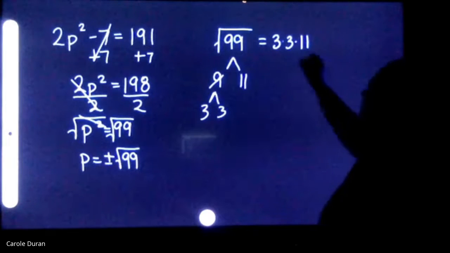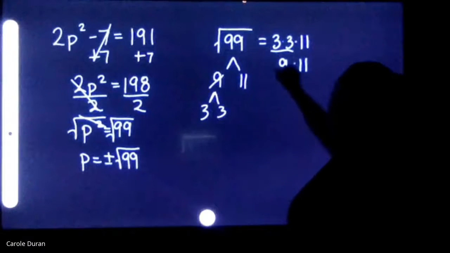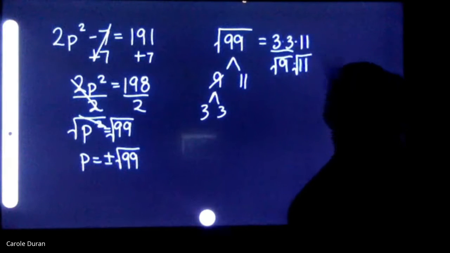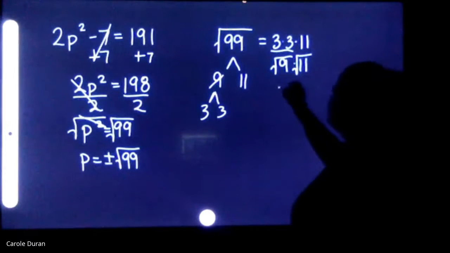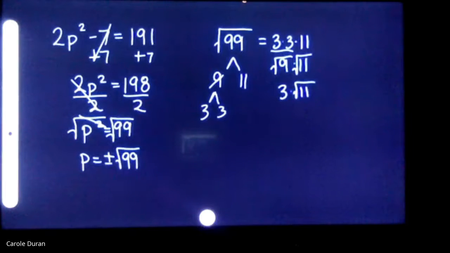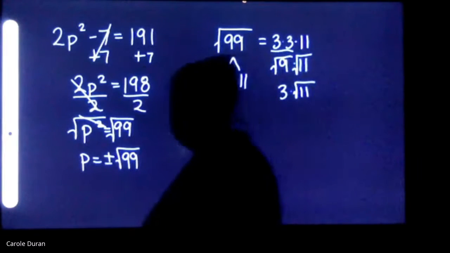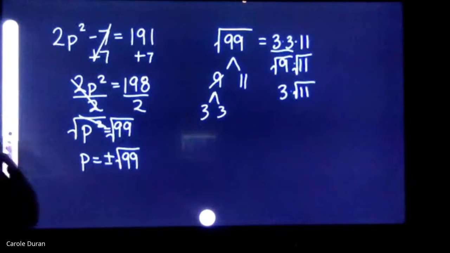My only matching pair is this 3 times 3, which comes together to become 9. Nothing else can get put together, so we square root both of those. The square root of 9 I know is 3, and the square root of 11 has to stay because I cannot reduce that at all. So on the left-hand side, I can finish reducing.